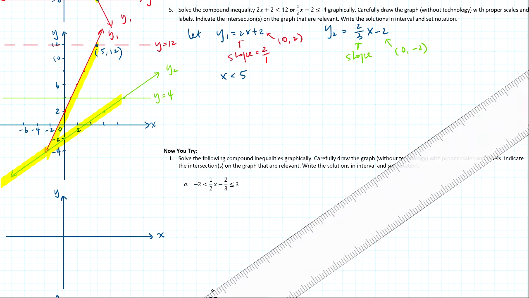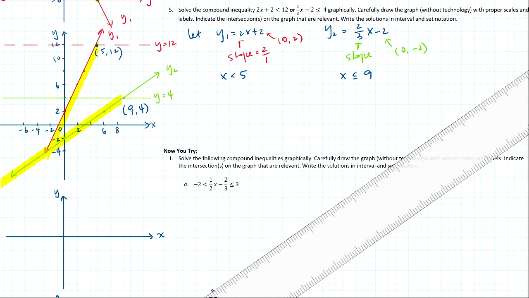And with this information, we can see that from the green line, the highlighted part tells me it's still less than or equal to some value, and we can kind of count where things are. This would be 6, 8. So the coordinates would be (9, 4) over here. So as a result, we would say the solution for the second inequality is x is less than or equal to 9 over here.